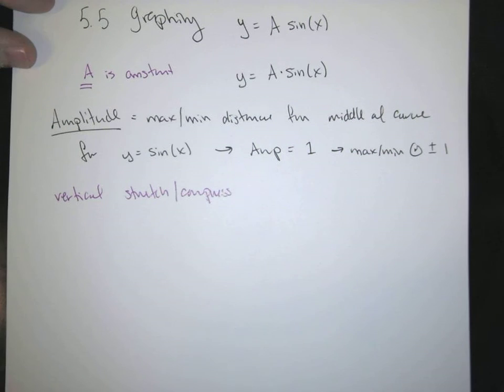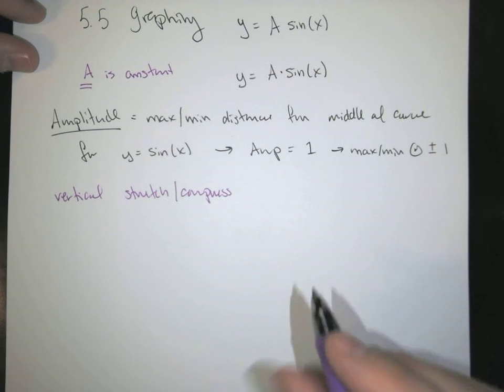And which is which really just depends on the size of the number. The bigger the number, then it will be a stretch. If you're larger than 1, it will stretch and get taller. If you are less than 1, if you're multiplying by 1/2 or 1/3 or 2/7, the curve will actually compress down towards the center, and it will be less tall. It will be more condensed.